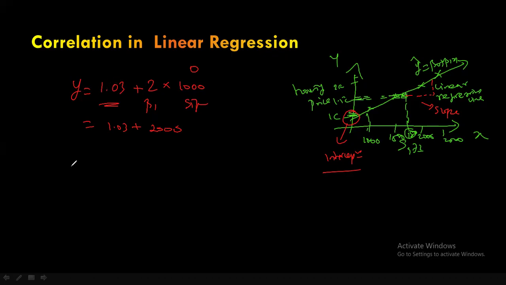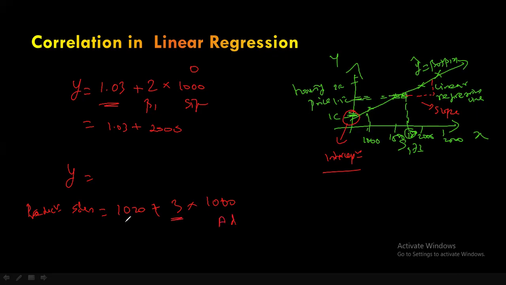I'll take another example. I want to predict the sales. How much sales can I expect for the next month? Let's say my intercept value is 1020, plus my slope is 3 into, let's say you are spending $1,000 on advertisement.